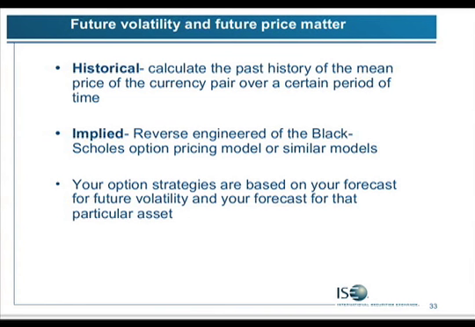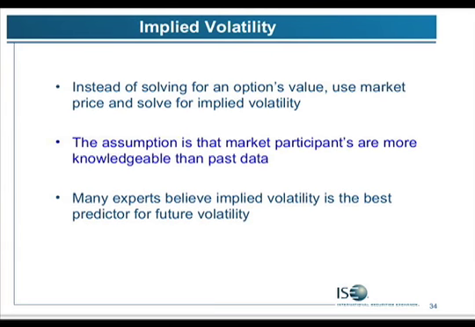Implied is telling me how much the options market is expecting, what the expectations are for the market in the future. So instead of solving for the option's value, we use the market price and solve for the IV or the implied vol. The assumption is that market participants are more knowledgeable than past data, and many experts believe that the implied volatility is the best predictor for future volatility.